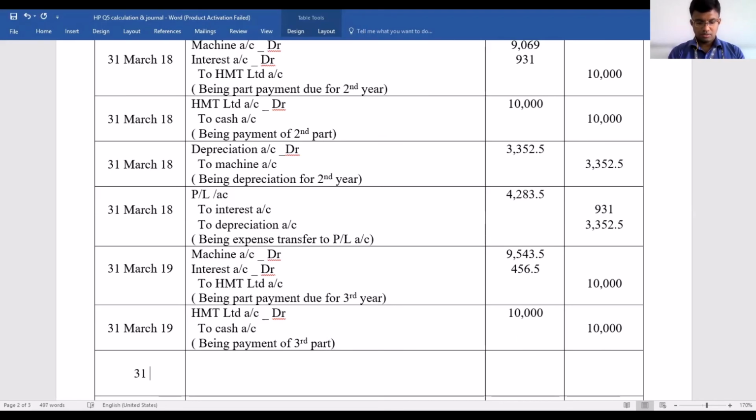Then 31st March 2019, depreciation account debited. Depreciation for third year would be 3,017.25, to machine account, and so we've charged depreciation for the third year.